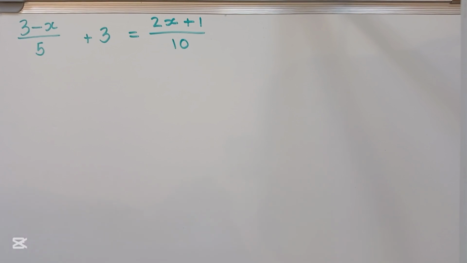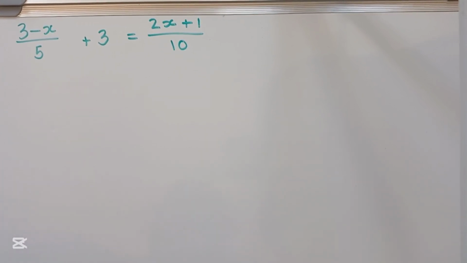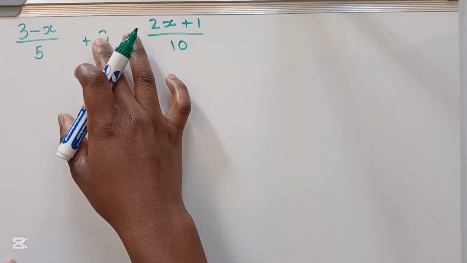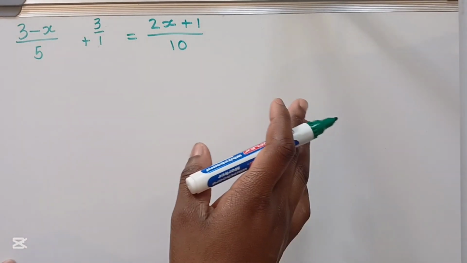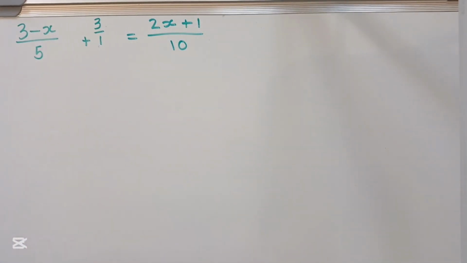In this next example, we should make sure that everything is in fraction form. So let's change this whole number 3 into fraction form. It won't change its value because 3 divided by 1 will still give you 3. Next, let's make sure that our denominators are the same.